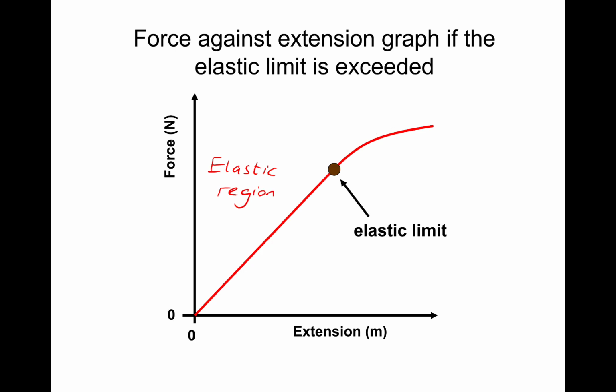On the right hand side, after the elastic limit, that's actually called the plastic region or plastic flow region. This bit, it's flowing, so to speak, the line. So plastic region. But it's definitely exceeded the elastic limit. And now, small increases in force will produce a much larger extension.